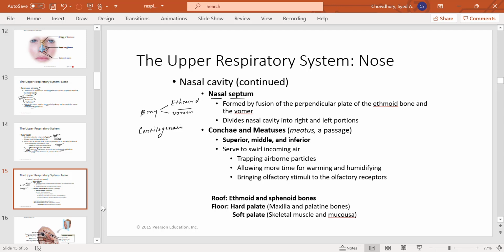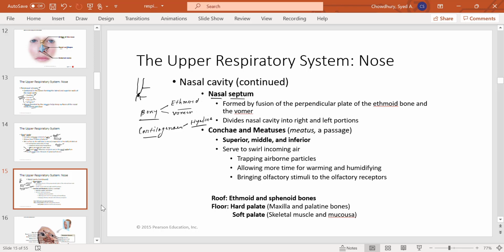Ethmoid comes from above, the perpendicular plate of ethmoid like this, and vomer from below. So this is vomer, this is the perpendicular plate of ethmoid, and they join to form the bony part, which is in the back of the nasal septum. In the front part you have the cartilage, which is the hyaline cartilage, not elastic.